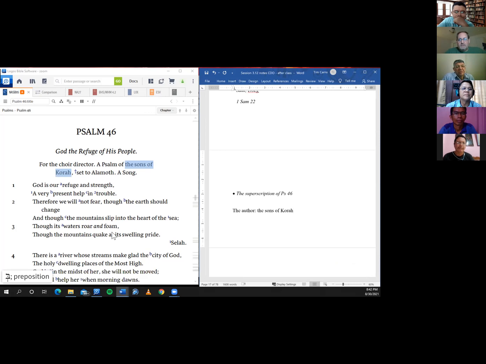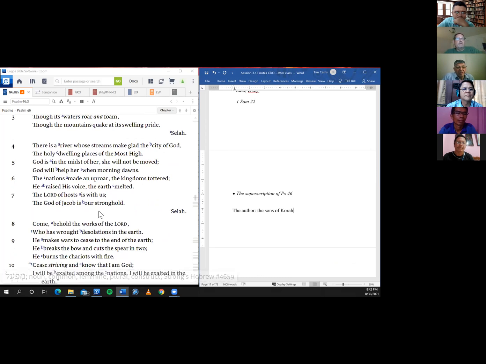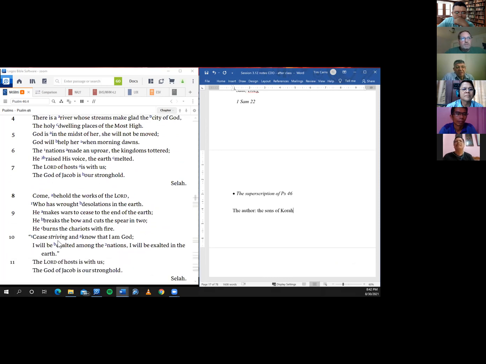Now, in this case, the background context, we're only given a little bit in the title. We're told the author. Now, in the psalm, we can kind of get an idea of the possible context just by looking up some clues in the psalm. He mentions wars.